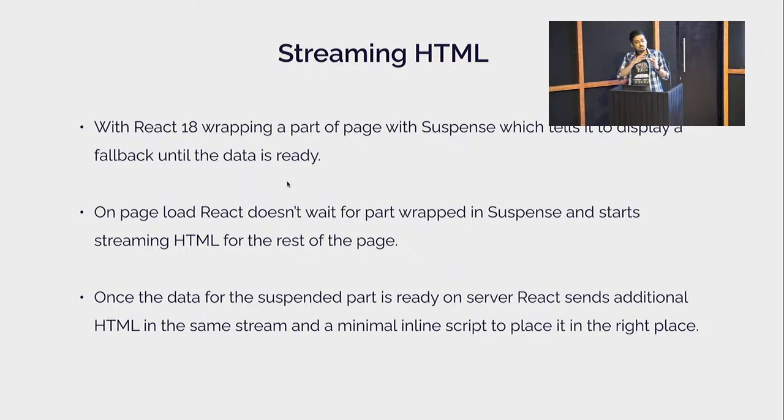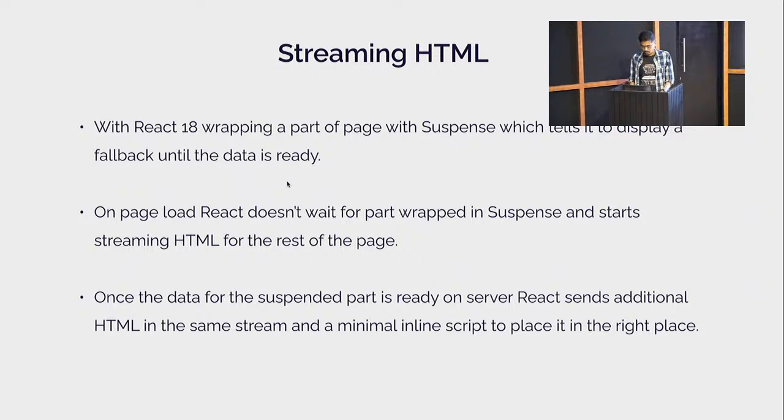Once we have fetched the data for the suspended part on the server, the server can send that data to the same stream, and React sends additional HTML into the same stream with some minimal inline script to pop it into the right place.